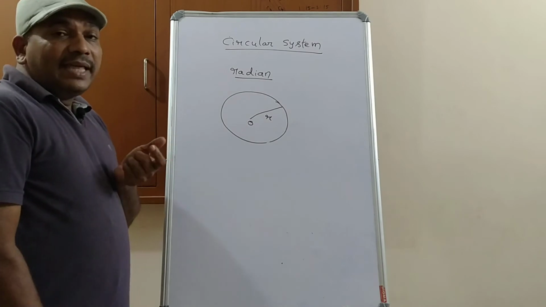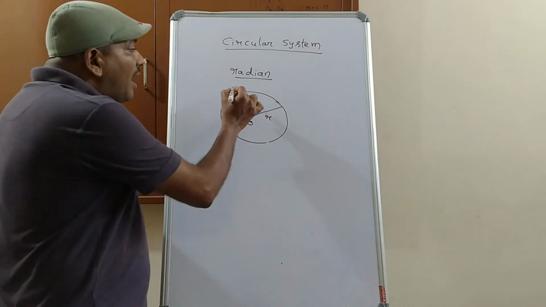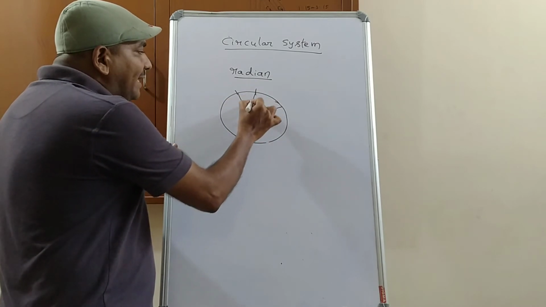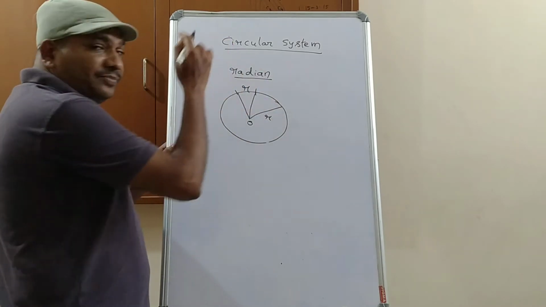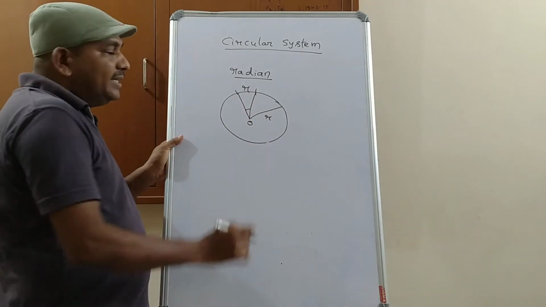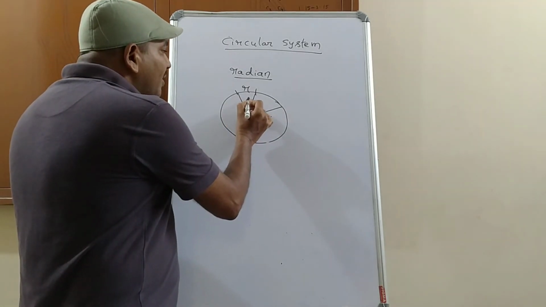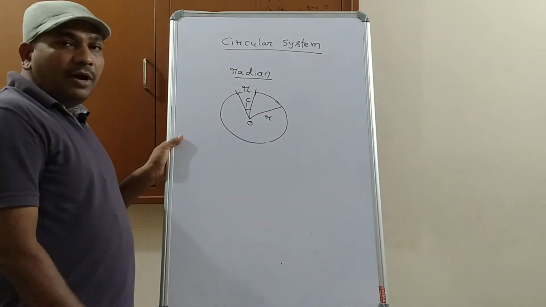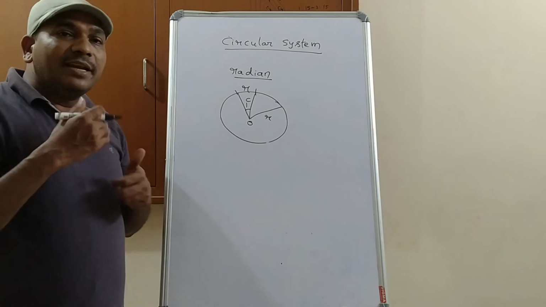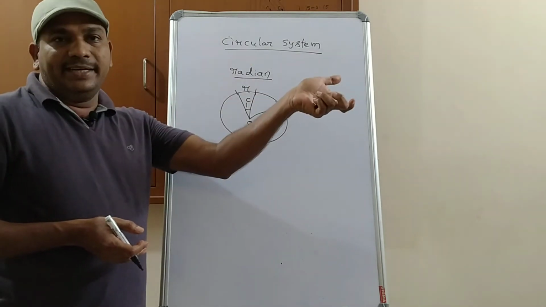Now the angle subtended by the arc at the center whose length equals r is called radian. This is denoted by 1 radian. In the circular system, unit of the measurement is radian.